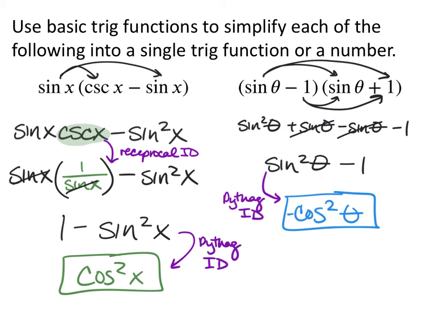And then this is the Pythagorean identity, but I actually want to zoom in for a second on this Pythagorean identity. Remember, normally we have the identity that says cosine squared theta plus sine squared theta is equal to 1. Well, I want it to match this equation here, sine squared theta minus 1. So if I need that to happen, that means I need this to say sine squared theta minus 1.